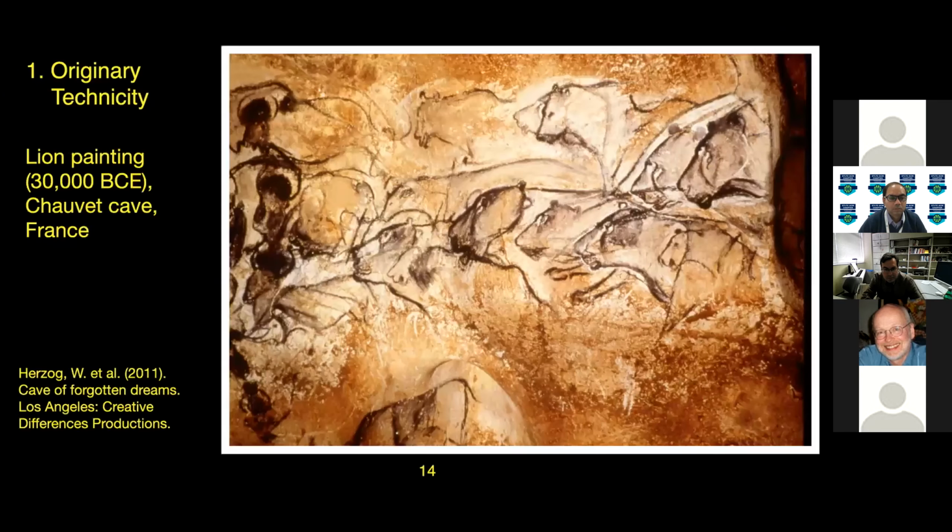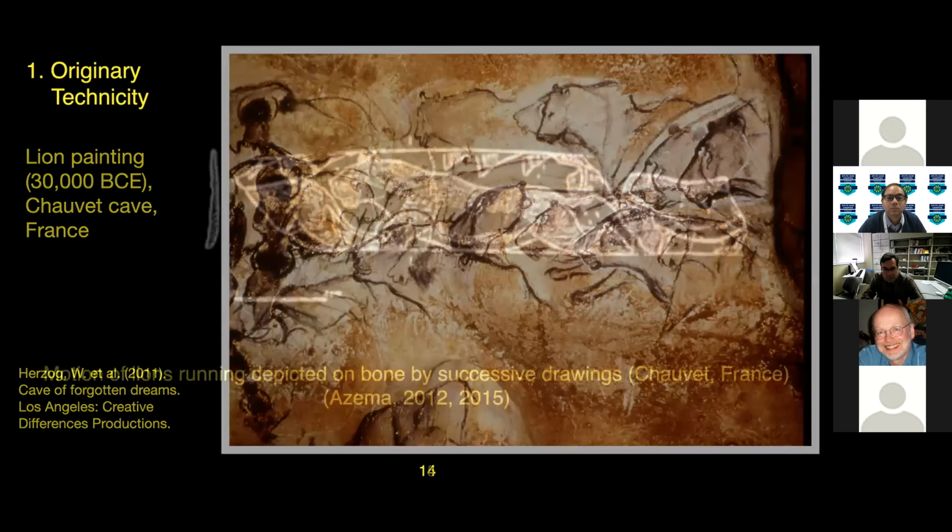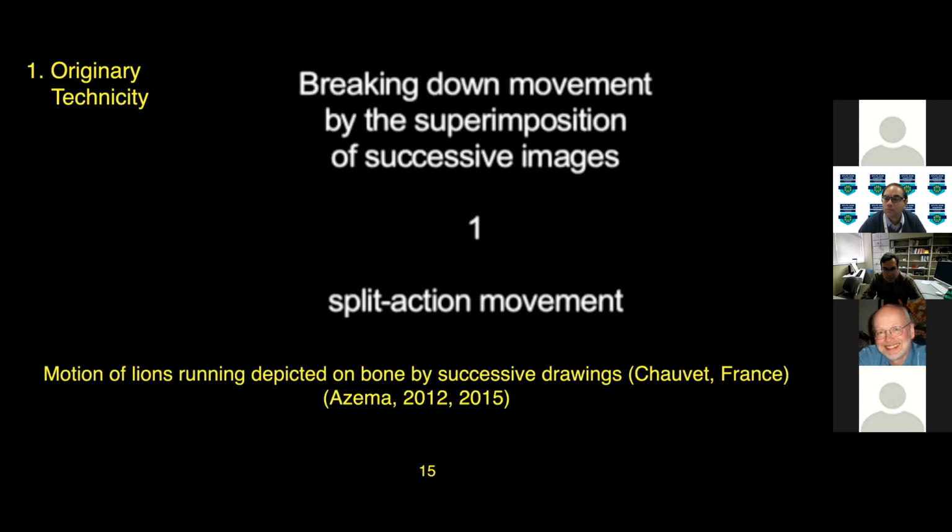For example, on December 18th of 1994, paintings of lions were discovered in Chauvet Cave in France. The lions are depicted in various poses while running. The lions were painted accurately.